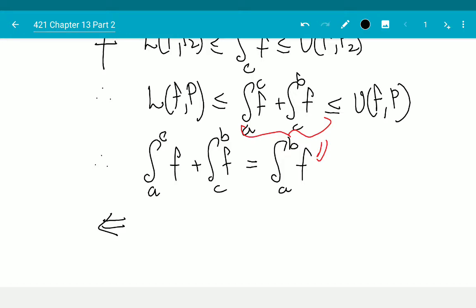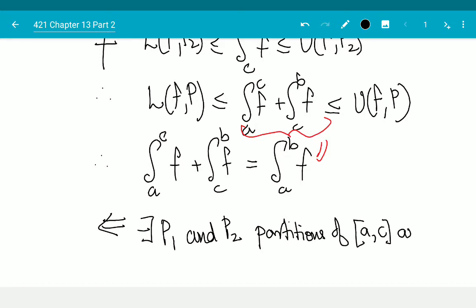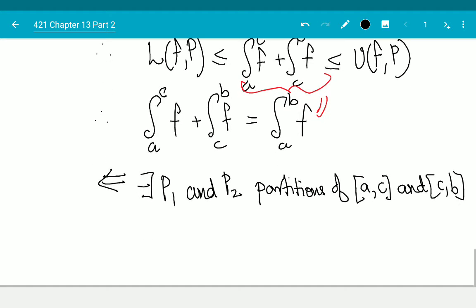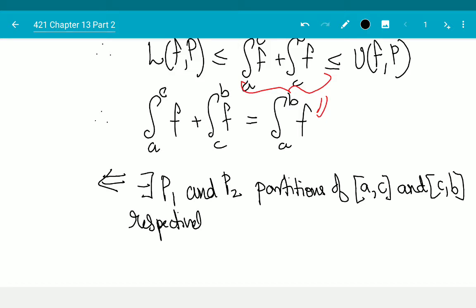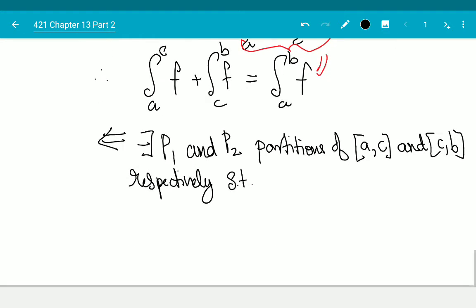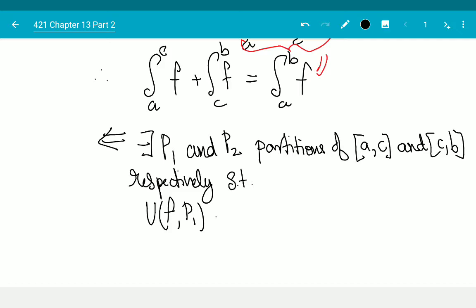For the backward direction, it's incredibly easy. There exist partitions P1 and P2 of A to C and C to B respectively, such that, okay, where's this first?